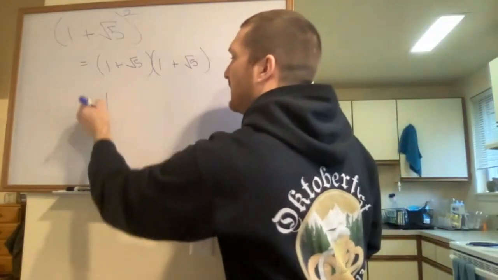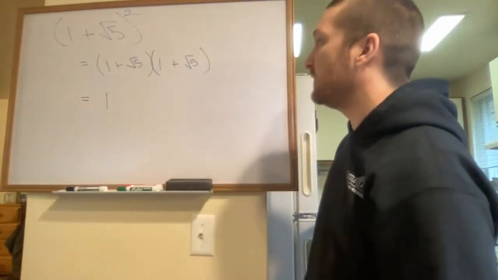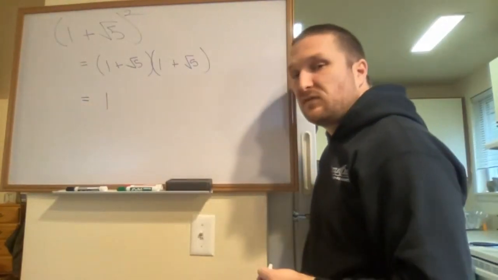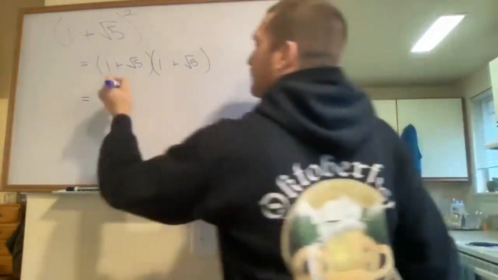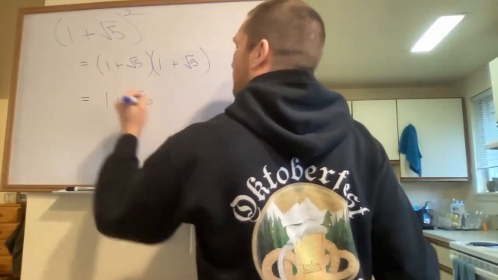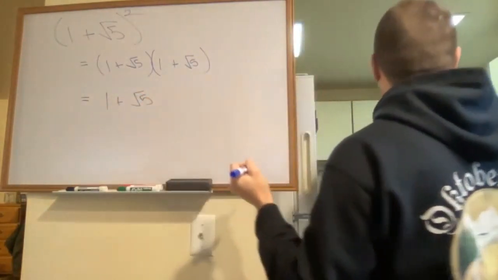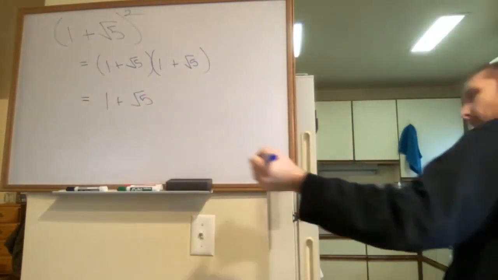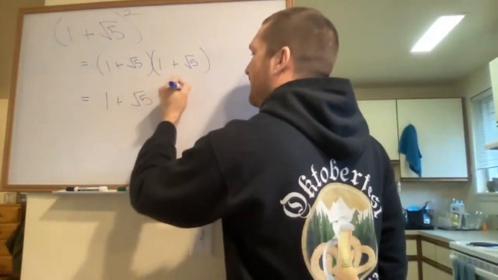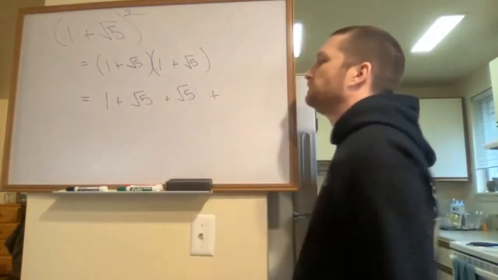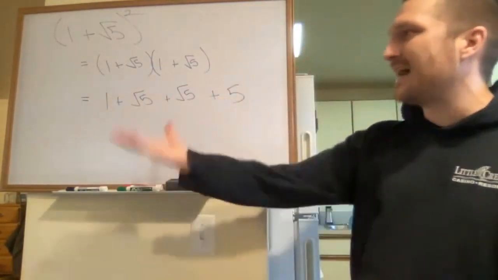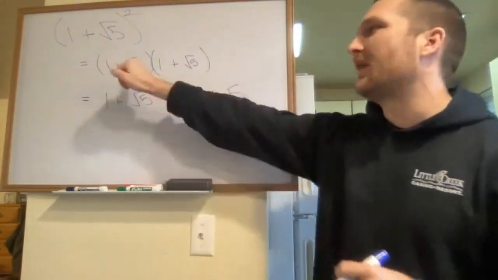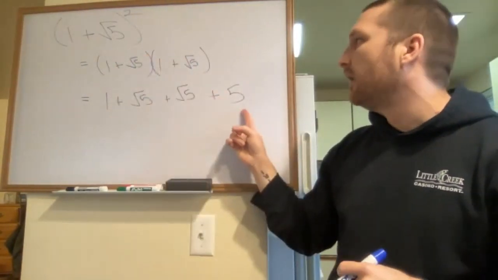Yes. Outer gives you what? The square root of 5. Just plain old square root of 5. And inner gives you what? Square root of 5. Plain old square root of 5. And the last gives you what? 5, right? Because the square root of something times itself is by definition whatever is inside of there, right?